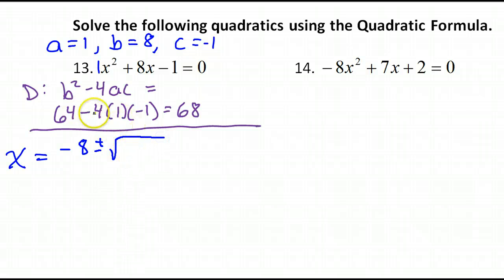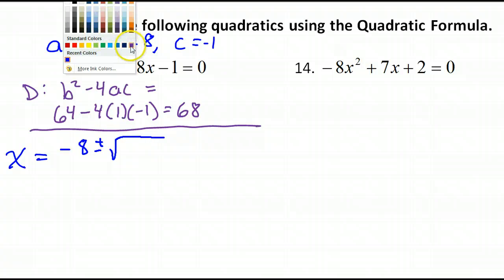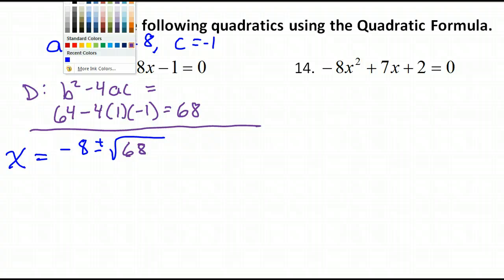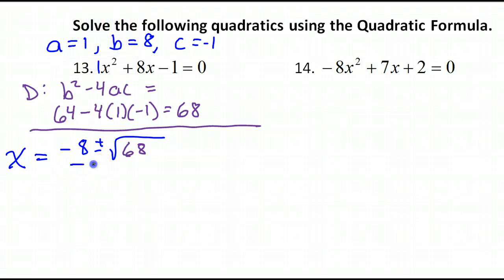Alright, and then it's b squared minus 4ac. But that's the discriminant. So, you know, you can just take your discriminant and put it in there. Alright, all over 2a. Alright, a is 1. So that's 2a is just 2 times 1, which is 2. Alright, square root of 68.